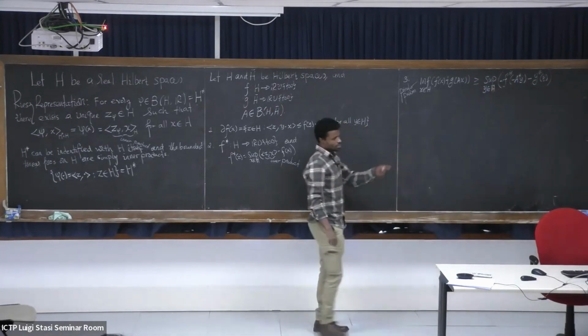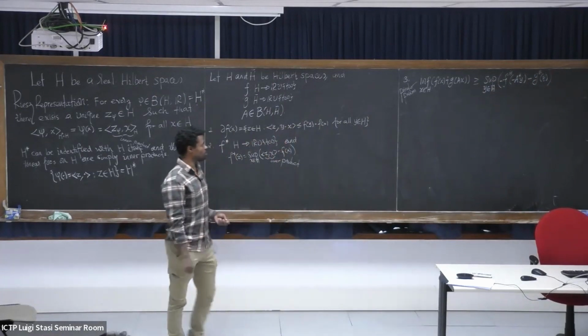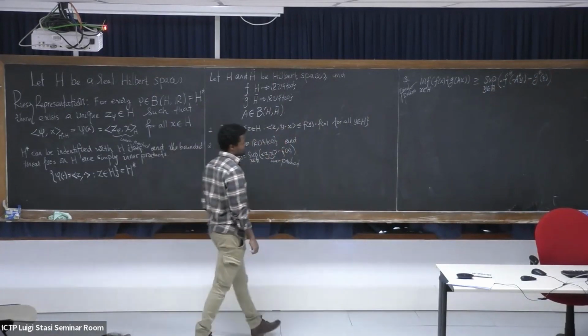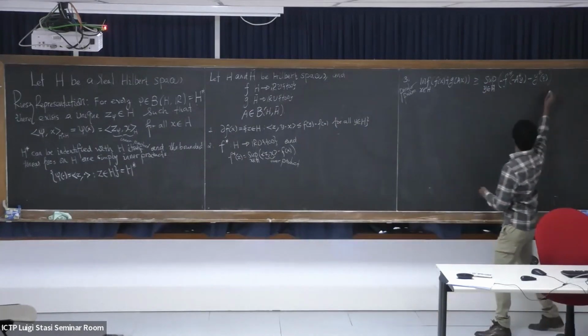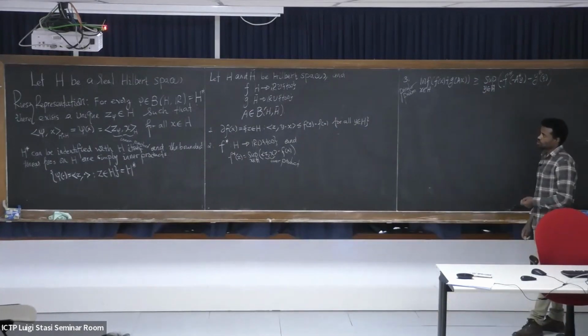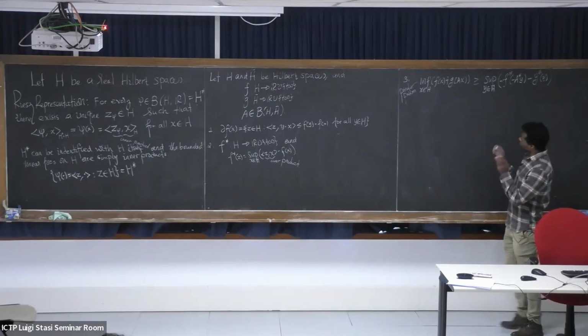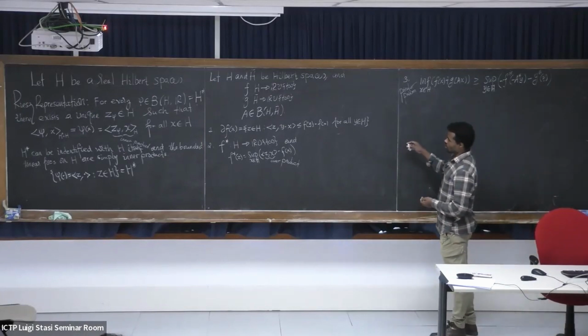The dual of H bar is H bar itself. This is how it is reduced when the space is a Hilbert space. Having this in mind, now I can go to the proximal operator.